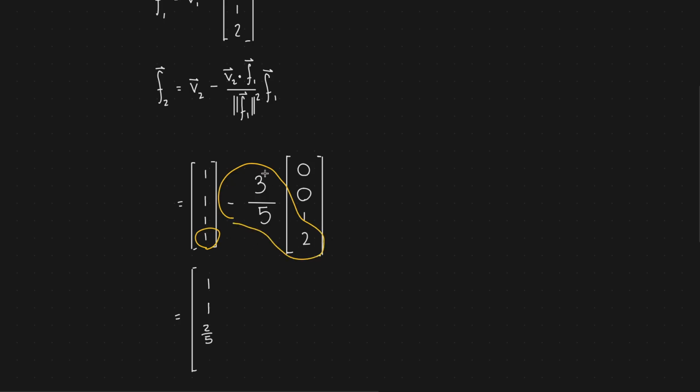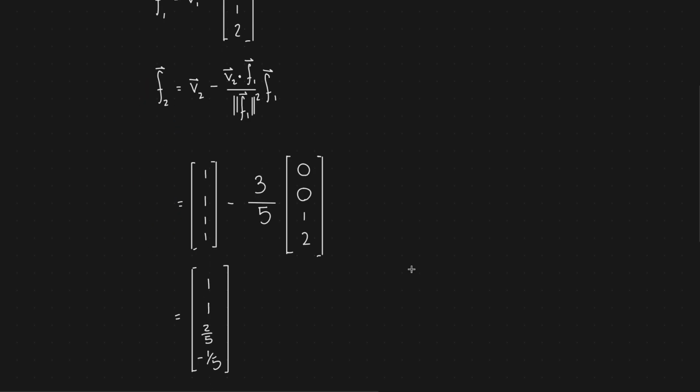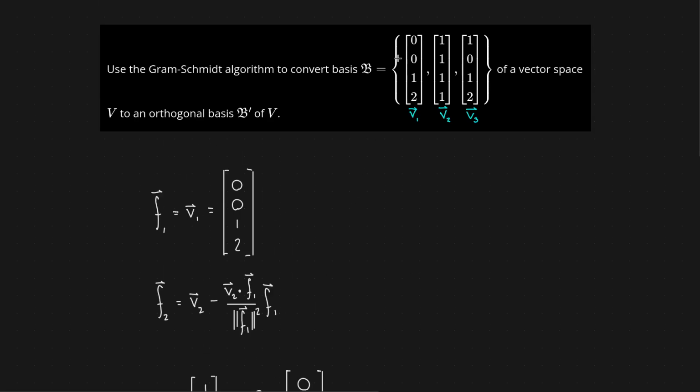So that's 5/5 minus 6/5, which is negative 1/5. So that's F2. Now I have two vectors, F1 and F2, that are orthogonal to each other and span the same space as the original vectors V1 and V2. I'm not done yet though, because I've got a third vector. So we need to do the same thing for V3.